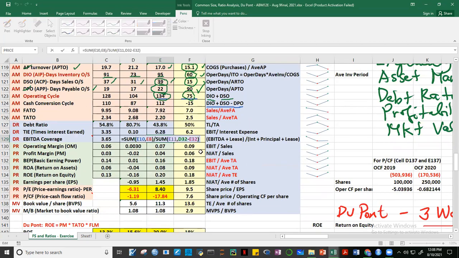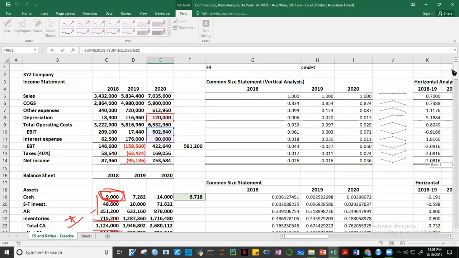Sir, but I don't know why I got a different value. Okay. Sige, tingnan natin ha. Ang numerator mo ba, you added E10 and E8? Yes, sir. I made a separate row to get the EBITDA. Okay, sige, okay lang yun.